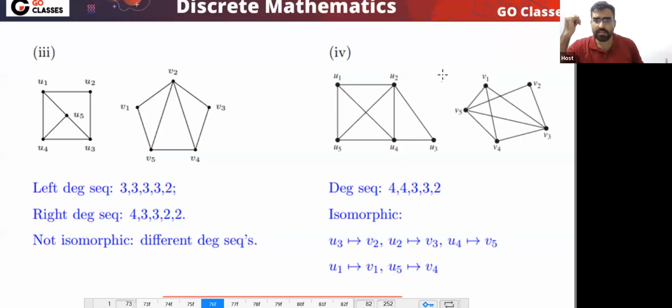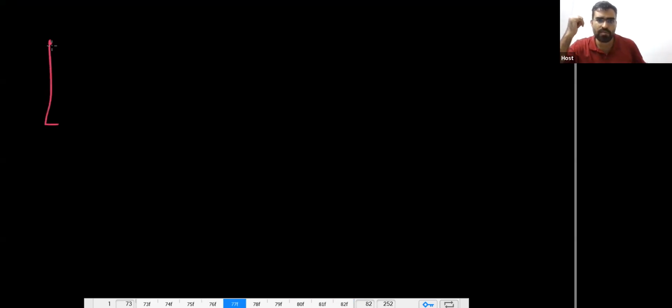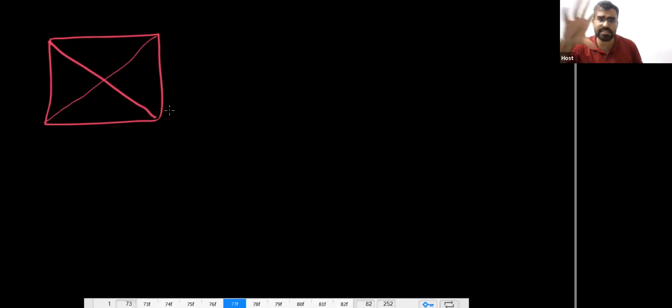Just notice this graph. It will tell you how to check. This is a complete graph. In a complete graph, does it matter which vertex, like, all the vertices are symmetric, right? Yes or no?